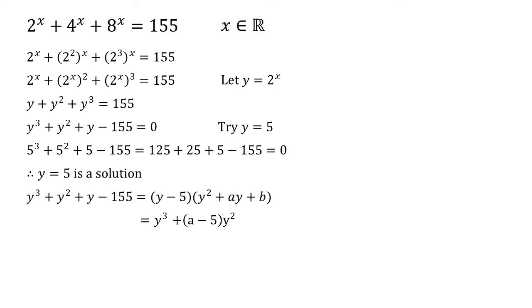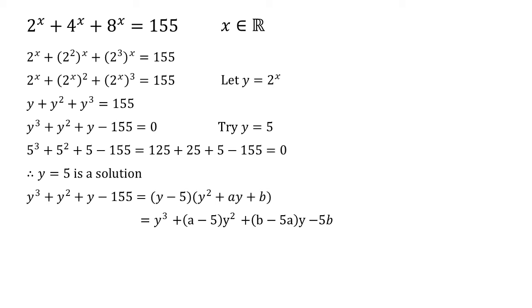So we'd end up with a minus 5 times y squared. To find the y, we would get the minus 5 times the ay and our b times y. So we get b minus 5a times y. And then on the end, we'd have minus 5b. And just checking, if you think of each of those brackets as 2 separate terms, we've got 6 terms there, which has come from a 2-term bracket times by a 3-term bracket. So we've got everything we need.